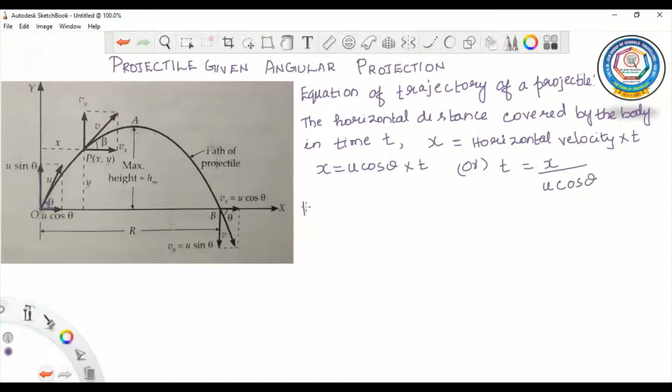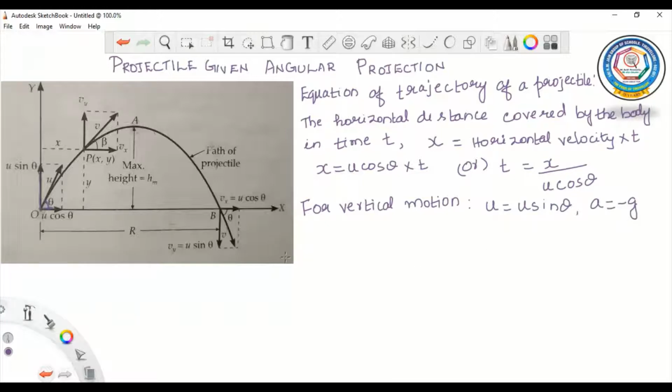Then for vertical motion, u is equal to u sin theta and a, that is acceleration due to gravity, is equal to minus g.